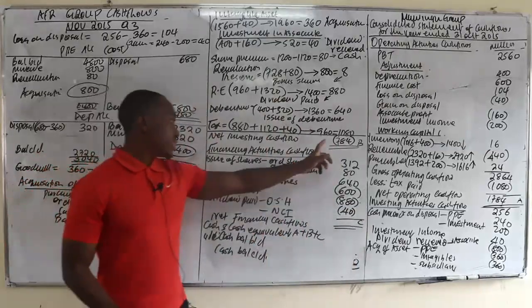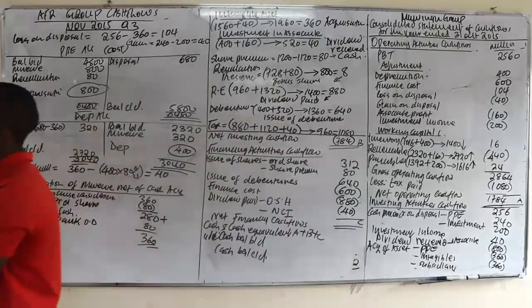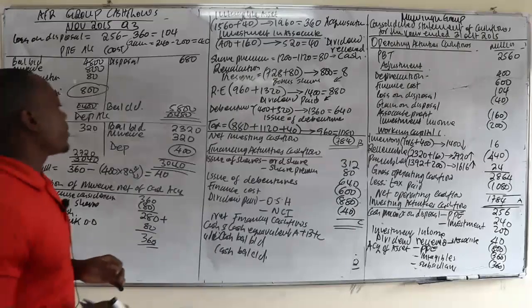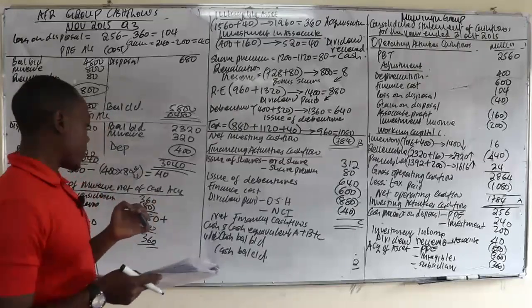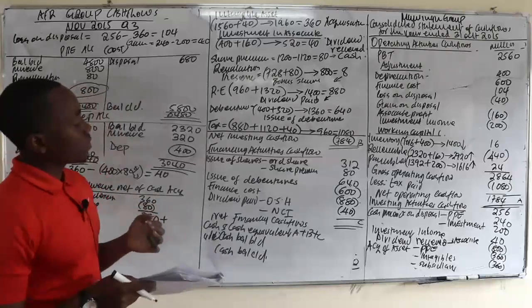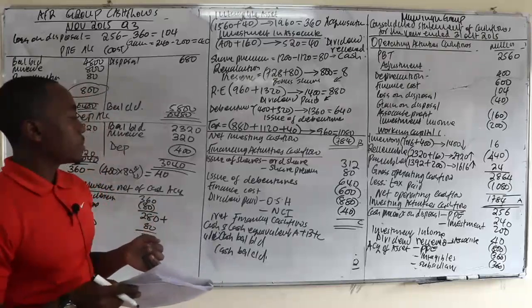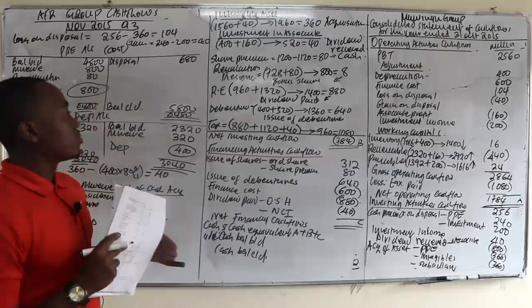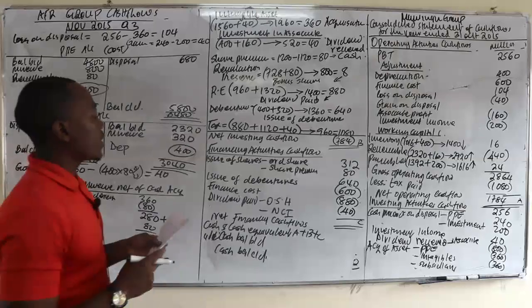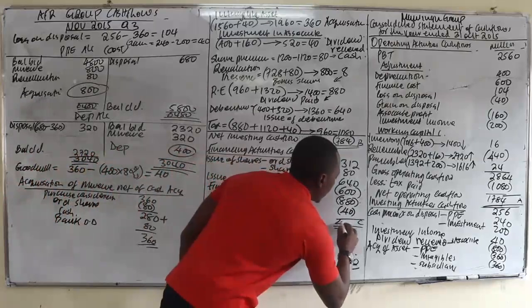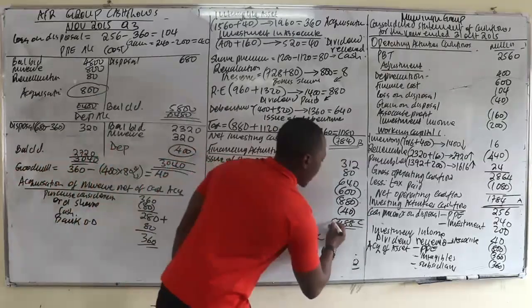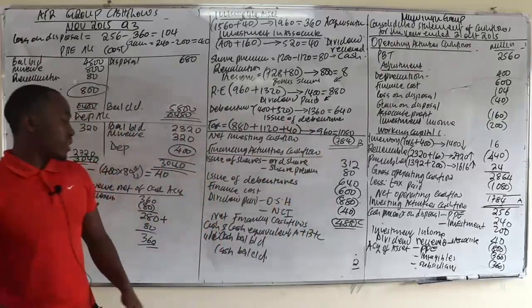Now give me the net from financing. 488. Negative, yes.